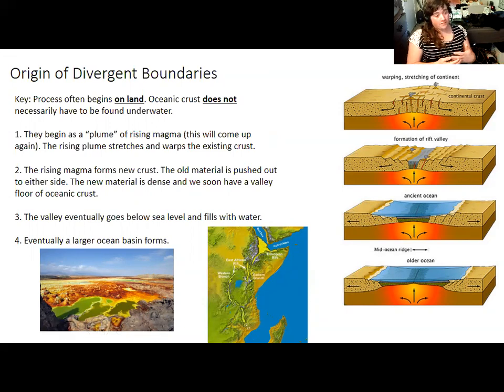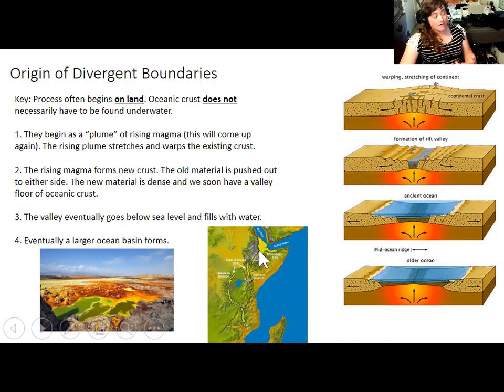And if this process continues, what will happen is stage 3 in this diagram. It will actually get low enough for an ocean to flood in, and there will eventually, if this goes on long enough, be a new larger ocean between Eastern Africa and the rest of the continent.